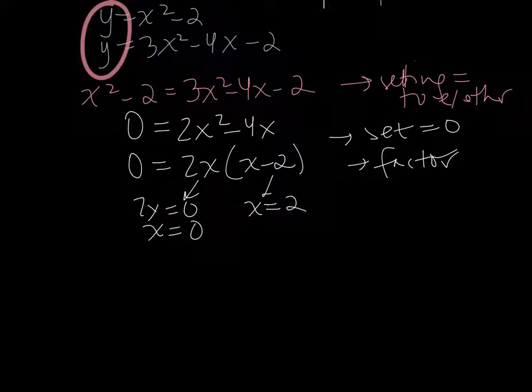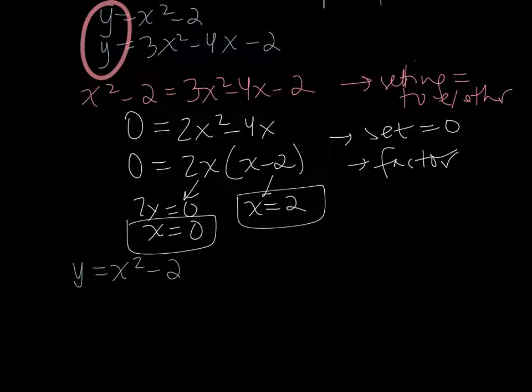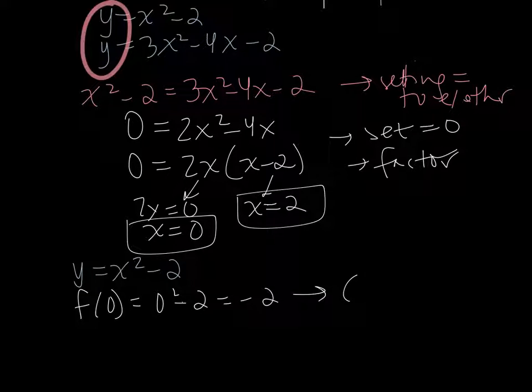So let's go ahead and plug these guys in. Obviously I'm going to pick the first equation because it's easier. And again, these are my x values, correct? So I evaluate f of 0, which is 0 squared minus 2, and I get negative 2. So one of my coordinates is 0, negative 2.